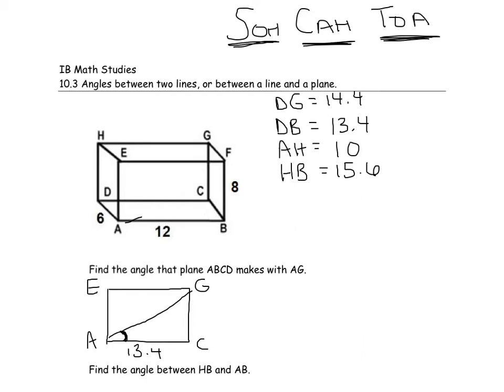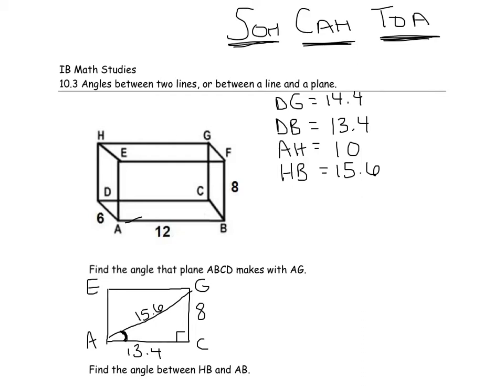AG, let's see if we know that one. AG is going through it. That'd be the same length as HB. And GC is the height. That would be 8. Notice that this is a rectangle, so this is a right angle.